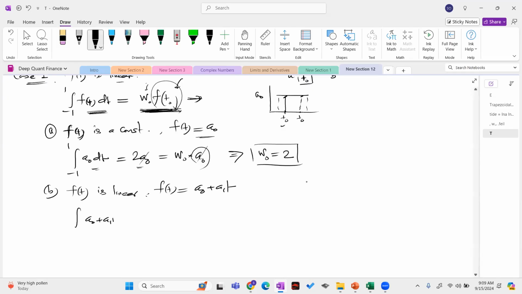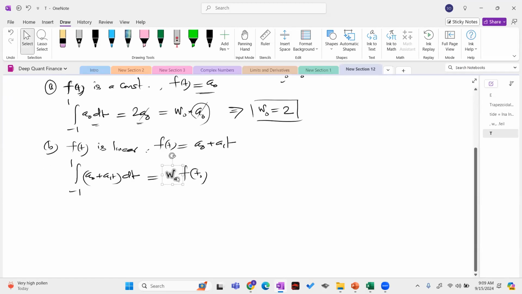A0 plus a1t dt, minus 1 to 1. We are trying to approximate this as w0 f of t0. Okay, just one sample point you have to choose. W0 already we have solved, it is 2. Now the question is, where do I choose T0? Because if it is linear, then it is not arbitrary. It will be a specific point where you have to sample it.